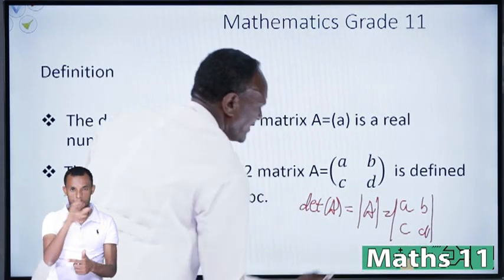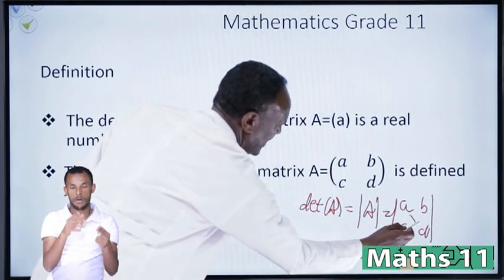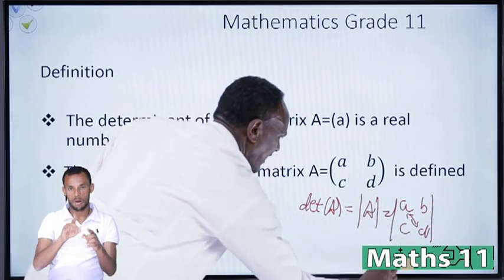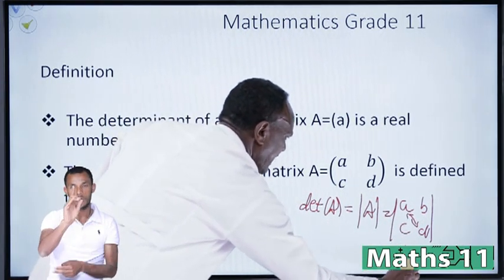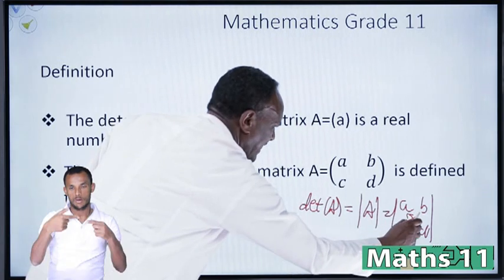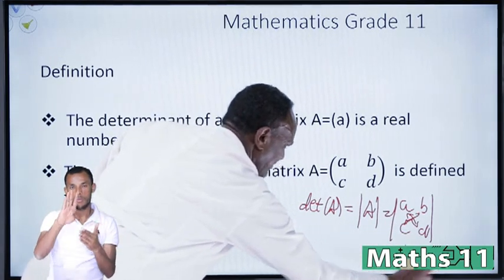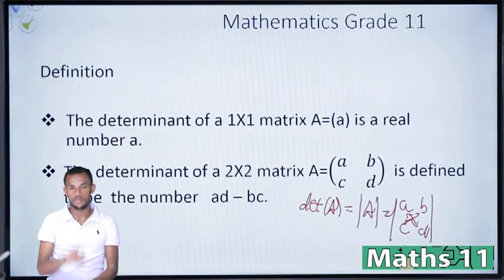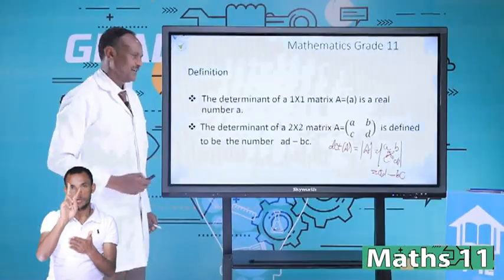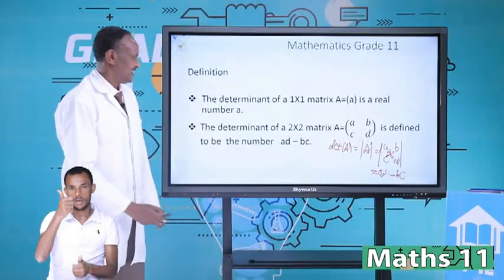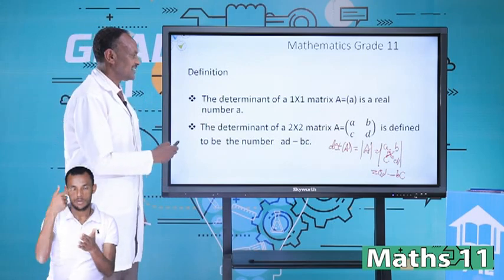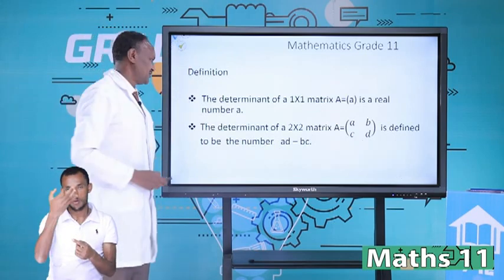How do you find it? You multiply the two main diagonal elements, a times d, minus the opposite diagonal elements, b and c. The difference between these two products, ad minus bc, is said to be the determinant of the given matrix.